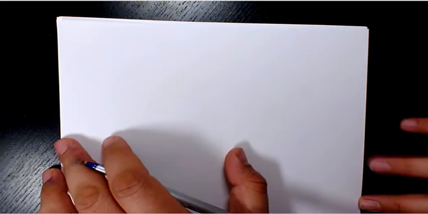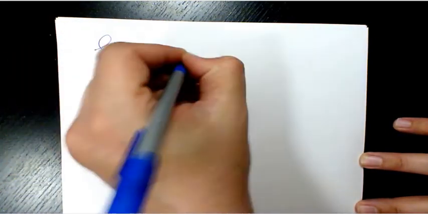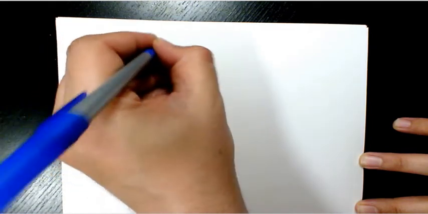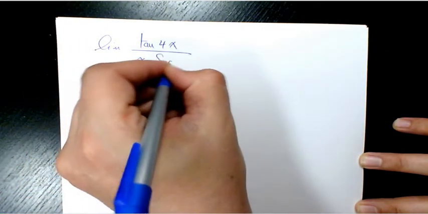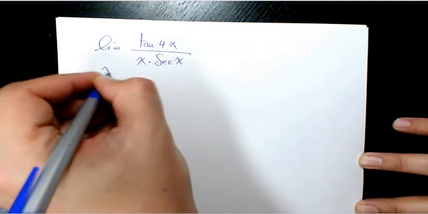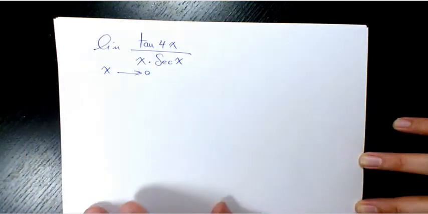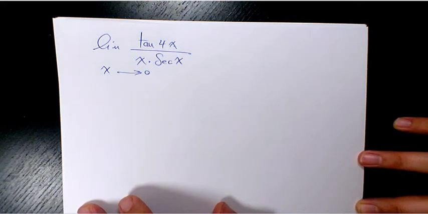Next example is going to be the limit of tan 4x times secant x when x is approaching 0.